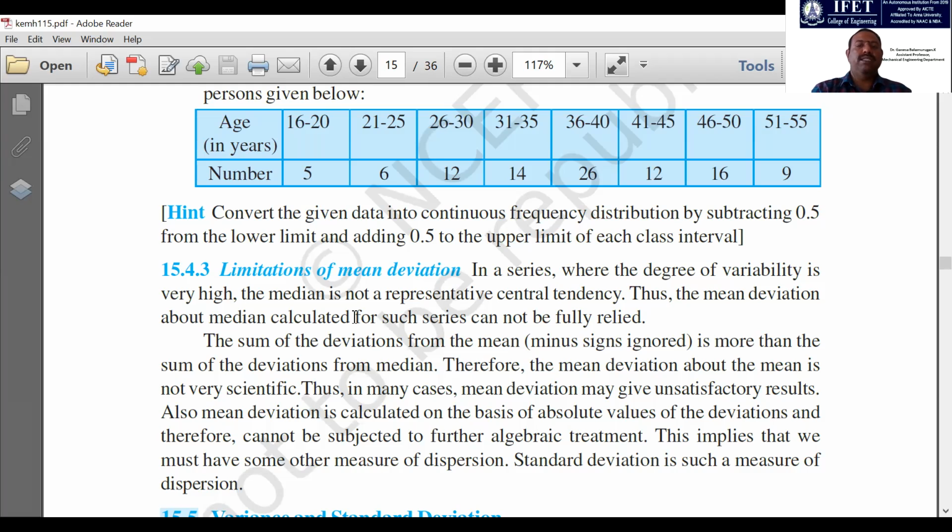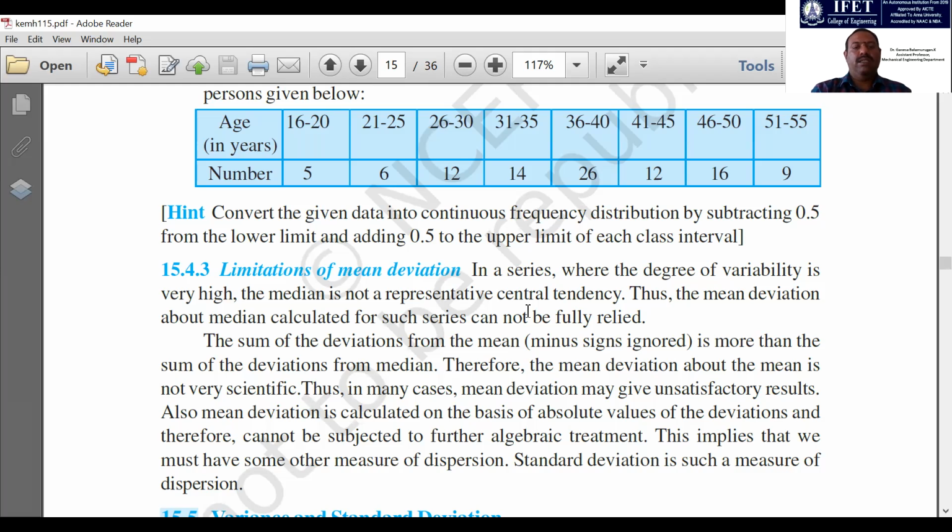So the mean deviation about the median is not fully reliable. The total or average deviation that we calculate from the median using this method cannot be completely trusted. This is one drawback of the mean deviation method.